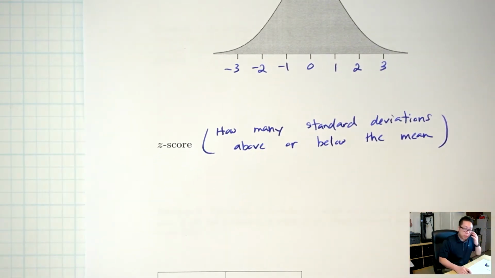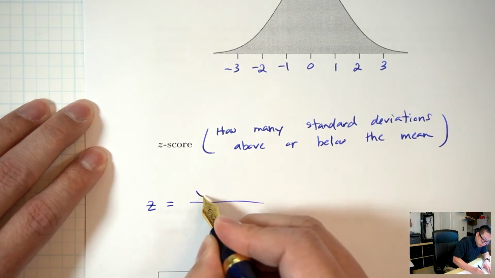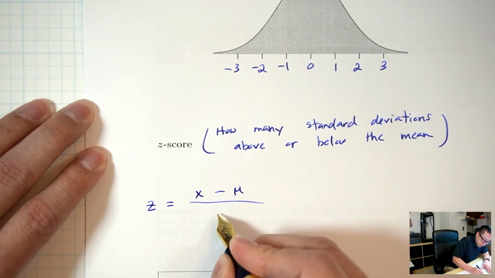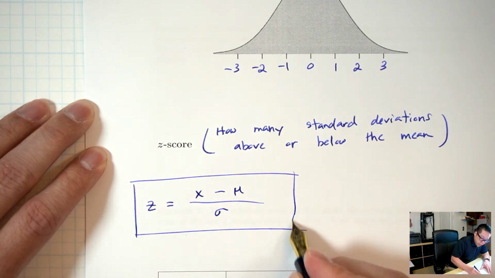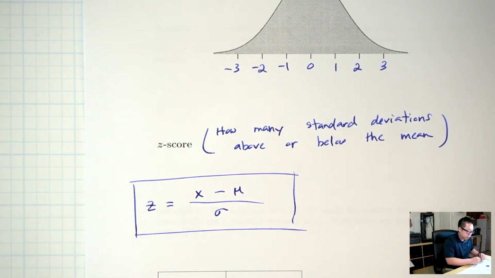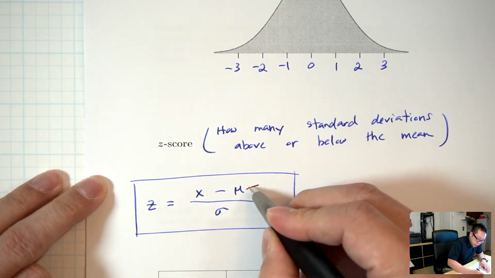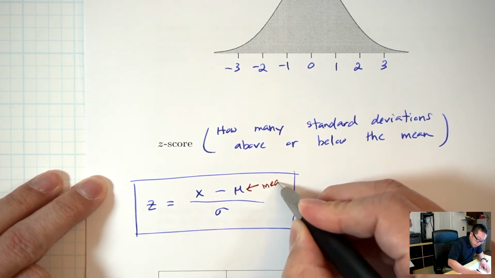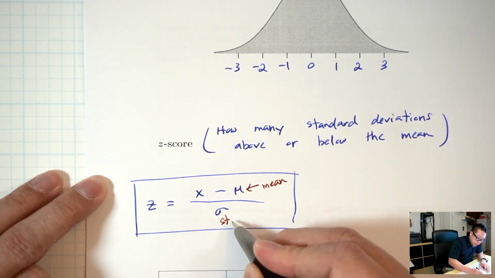And we had a formula for this, which I'll write right here. Okay, so this symbol, that's mu, that stands for the mean. At the bottom, that's a sigma, that stands for the standard deviation.